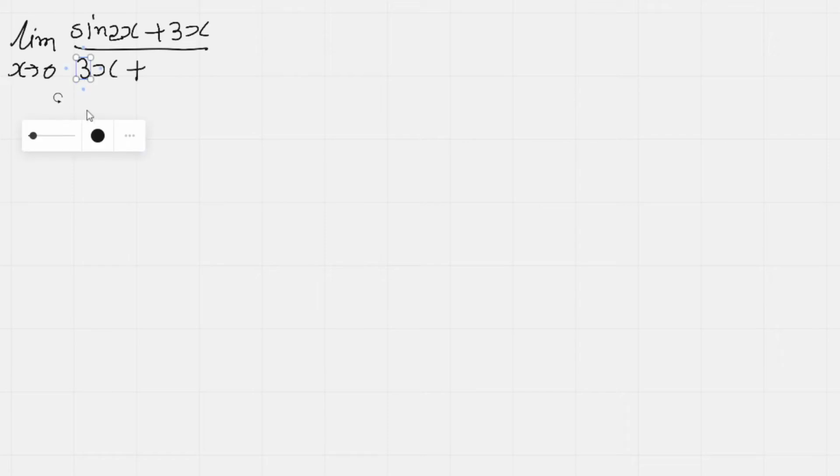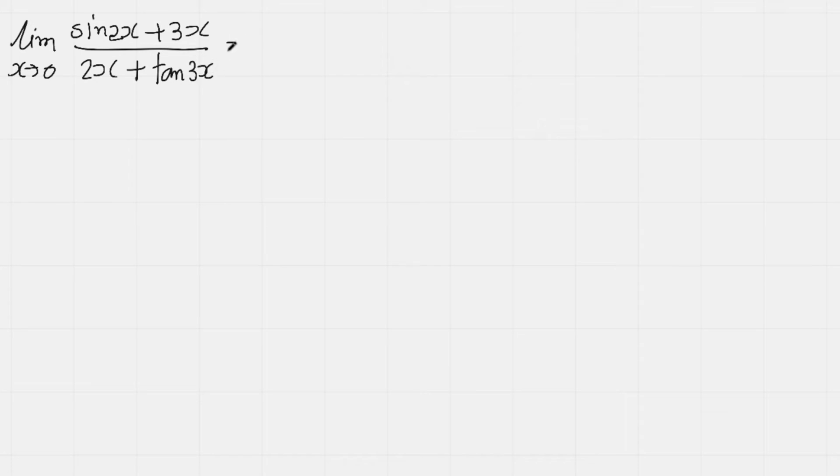Let me write the function here. We want to find the limit as x approaches 0 of sine 2x plus 3x divided by... one moment, this is 2x not 3x, 2x plus tan 3x.